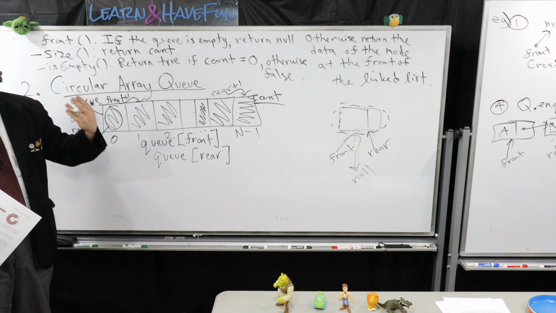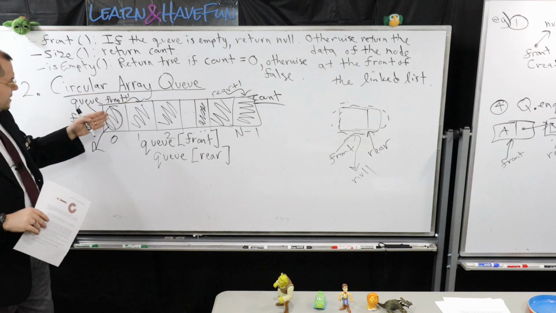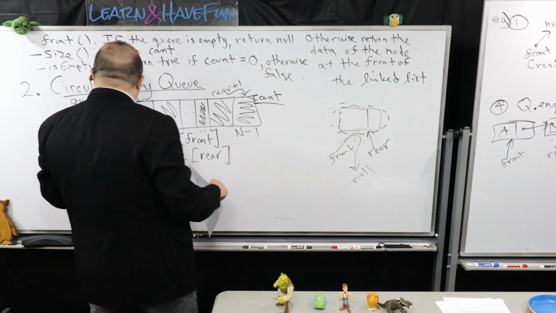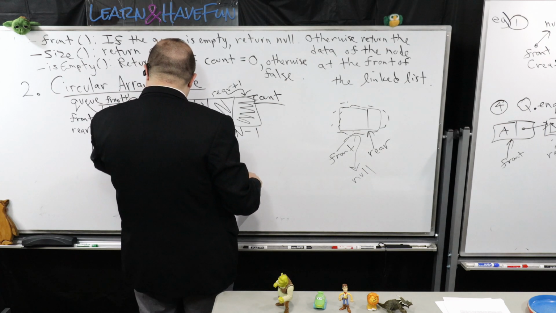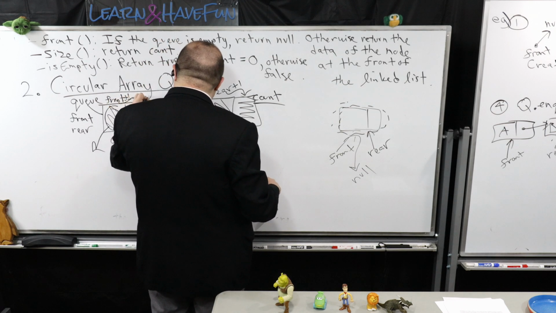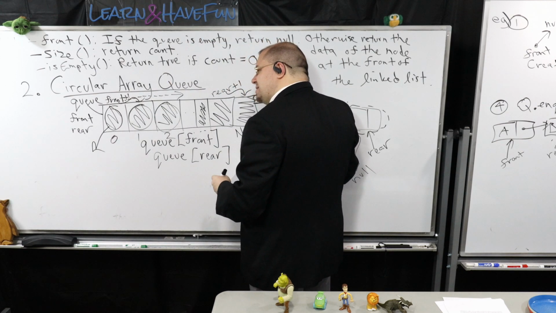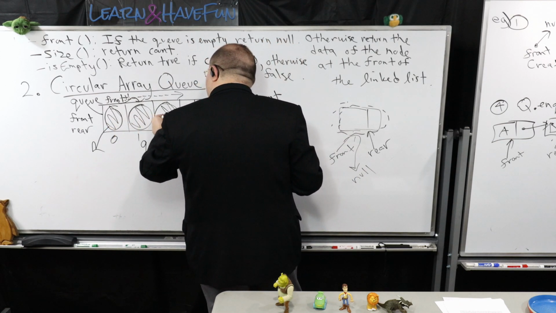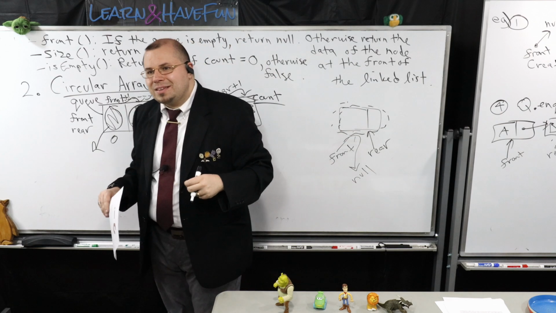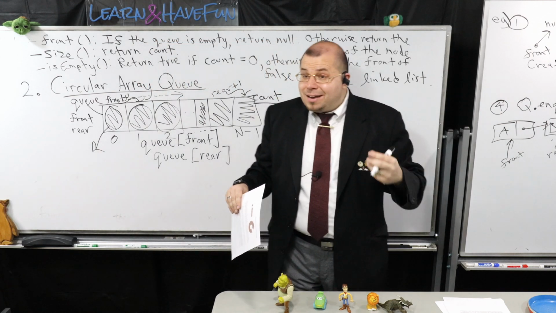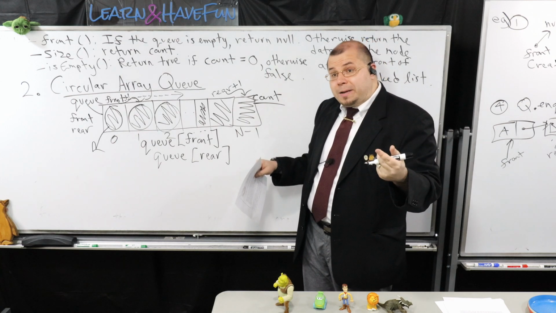So the size of the array doesn't change indeed, but suppose I do a whole bunch of DQ operations. So suppose this one goes, so notice front's going to keep going this way. And notice that all of these are currently unoccupied, right? Well, it's not necessarily that the front becomes the rear. That's okay.